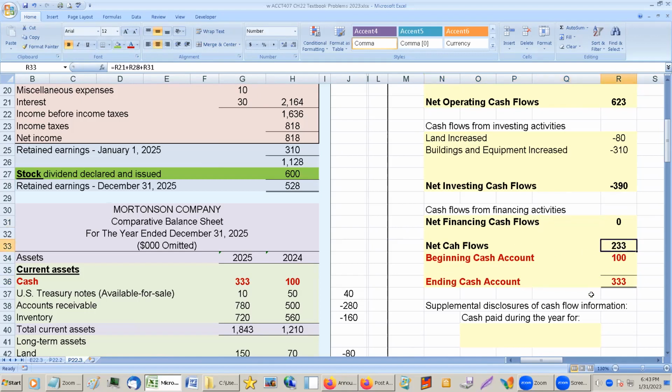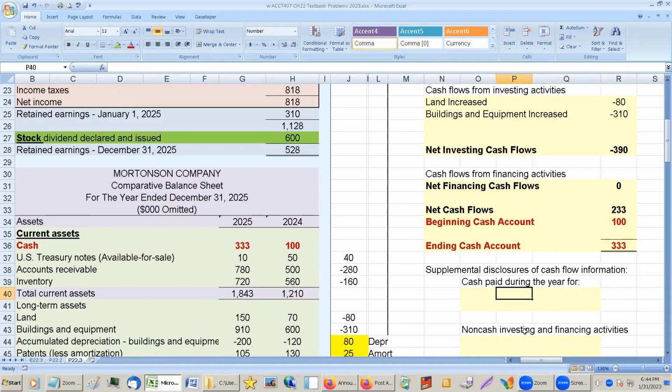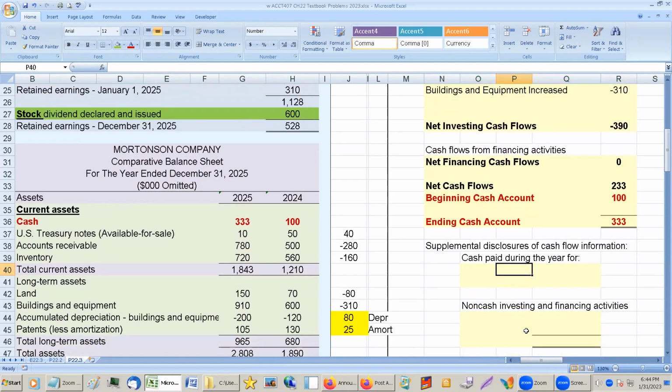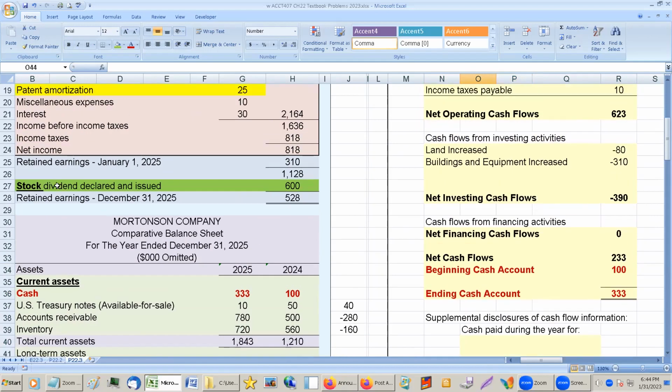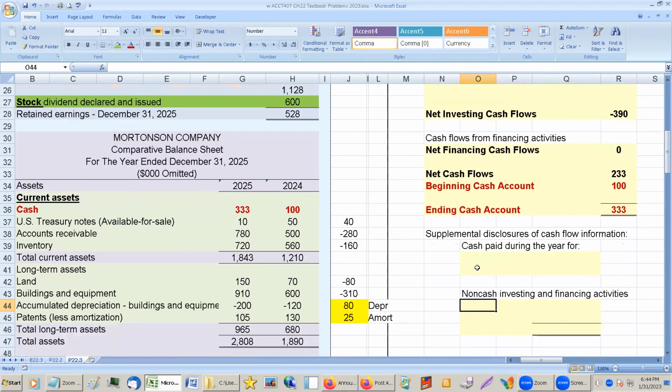Net cash flows were 233. The beginning cash was 100, and so we've explained basically where that comes in. For the non-cash activities, the stock dividend declared would be, you don't have to put this in.